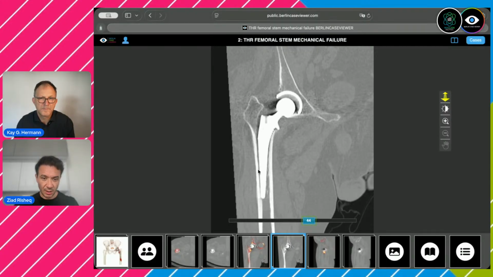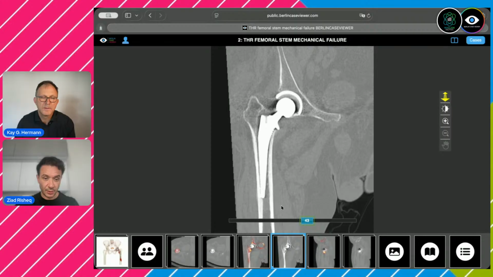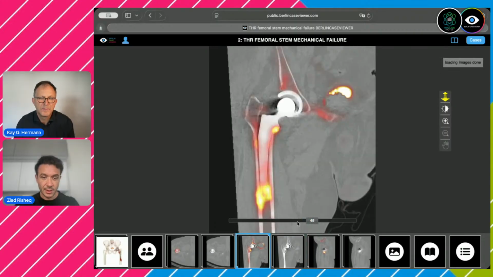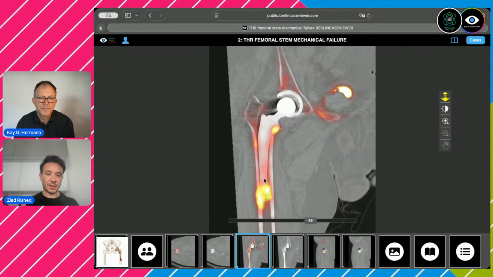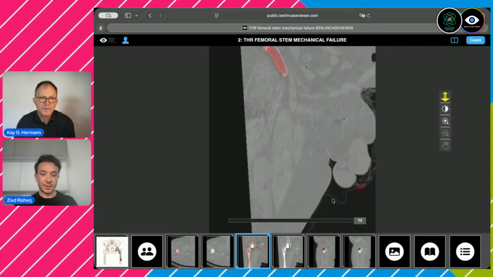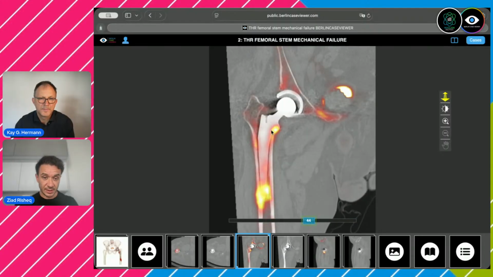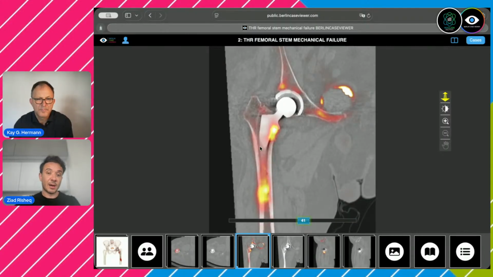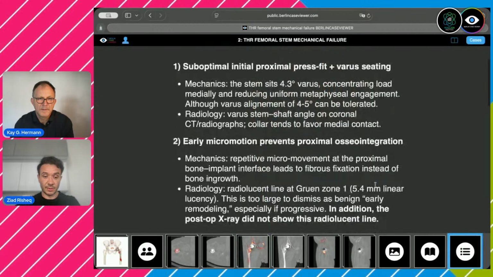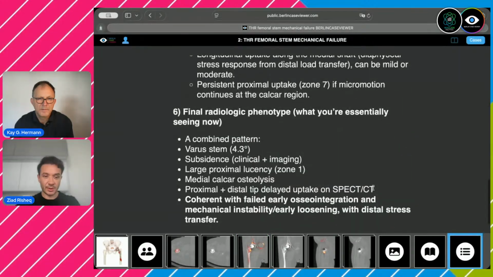It should be a bit higher if it's in varus position, if you have intense uptake over here, as we see in this case. So you have to think that what we have here is subsidence and mechanical loosening proximally. And this was actually confirmed intraoperatively. This was a bit of a difficult case for me.